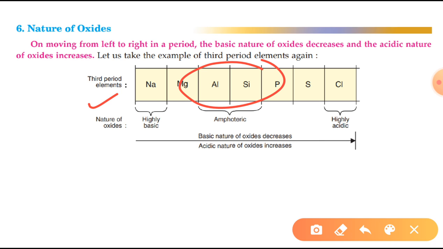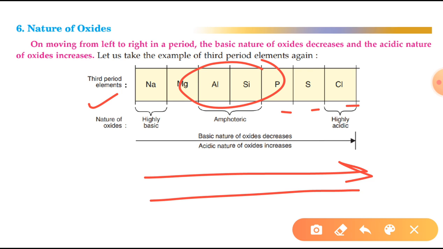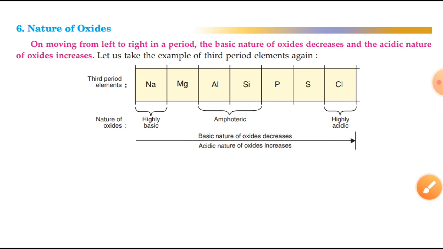They form amphoteric oxide, and after that phosphorus, sulfur and chlorine will form acidic oxides. Among them, chlorine's oxide is highly acidic. So that's why we can say basic nature of oxide is decreasing when we move from left to right, and acidic nature of oxide is increasing. So this was it, students.